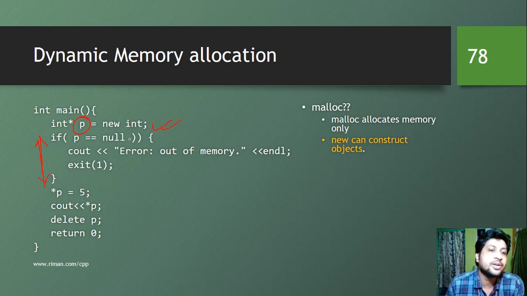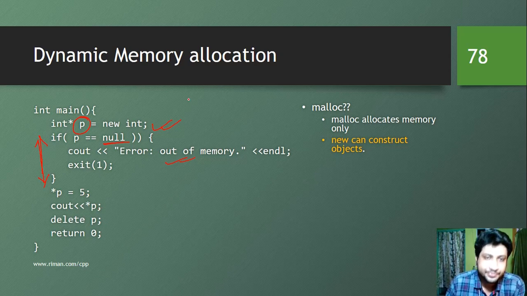So if p is equal to null, you can say that some error occurred, that means out of memory or whatever it is, that means your RAM could not support more allocations, so the allocation failed and p has returned null. So the new operator will return null if memory allocation actually fails. If not, then we assign star p is equal to 5, and also we print star p, then we delete that particular pointer.